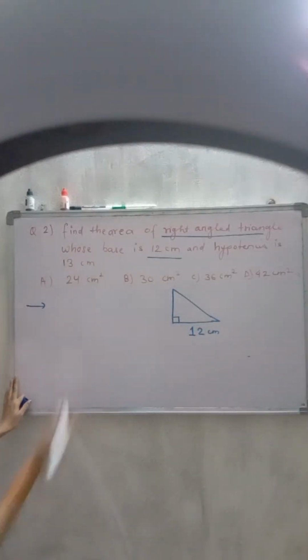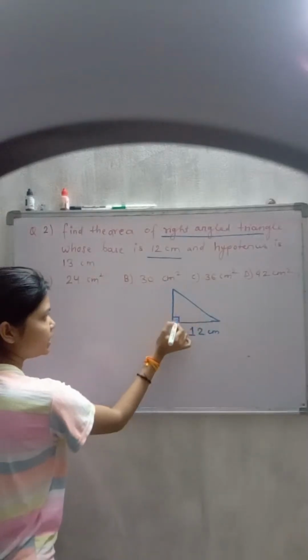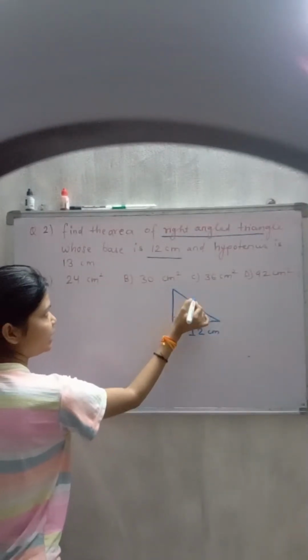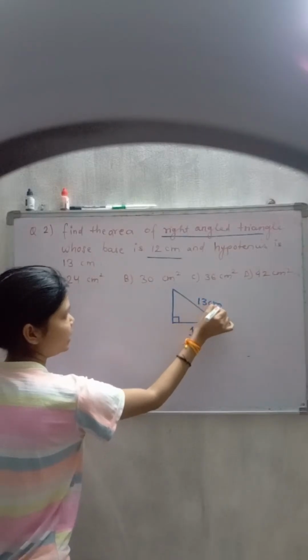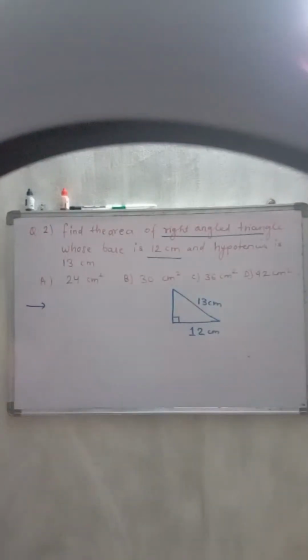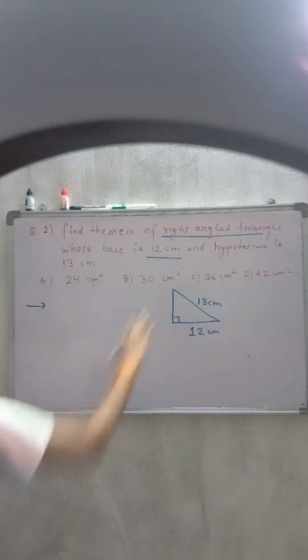Hypotenuse is the side which is in front of 90 degree. So it is given as 13 centimeter. And we want the area. Area of a right angle triangle is always half into base into height. So we want the height.